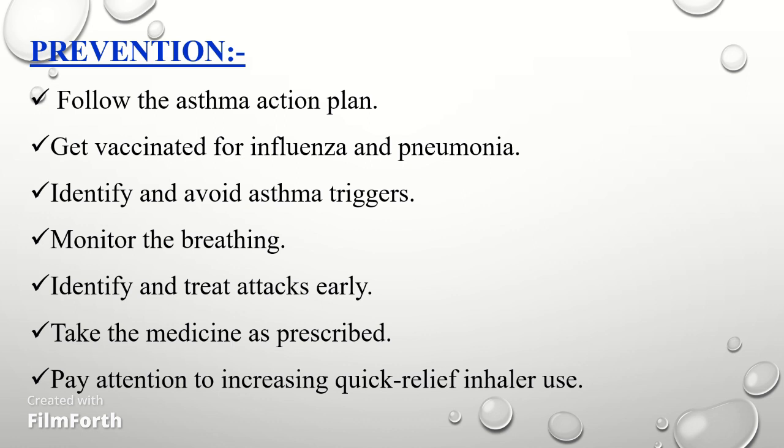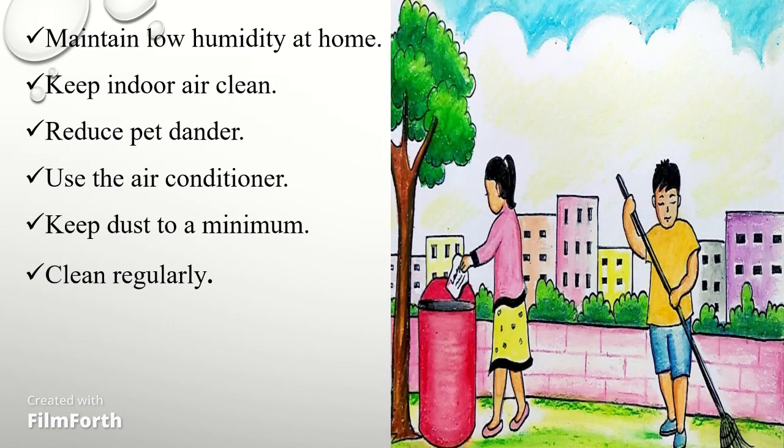Take the medicine as prescribed, pay attention to increasing quick relief inhaler use, maintain low humidity at home, keep indoor air clean, reduce pet danger, and use the air conditioner. Keep dust to a minimum, clean regularly. So these were the prevention of bronchial asthma.